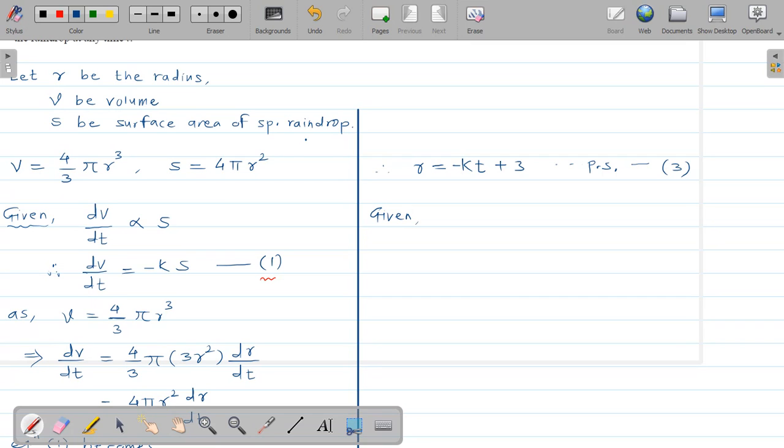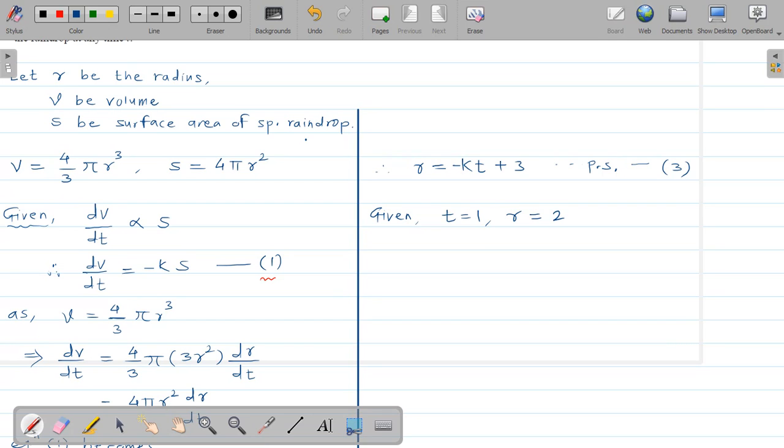See, it is given that 1 hour later it has been reduced to 2 mm. Originally the radius is 3 mm, and after 1 hour, so when t is equal to 1, what is the value of r? r is equal to 2. The radius has been reduced to 2 mm.